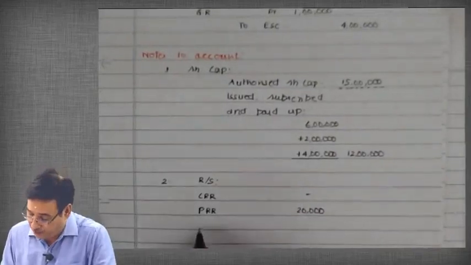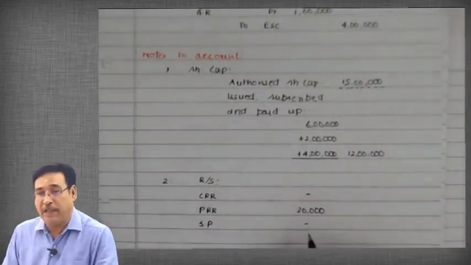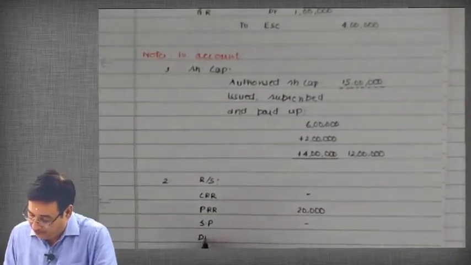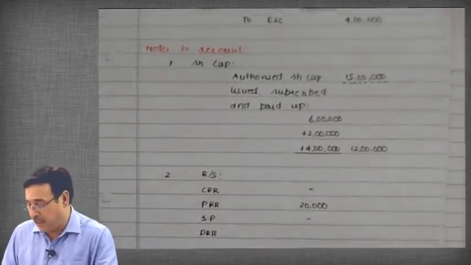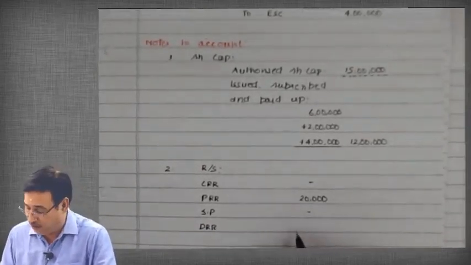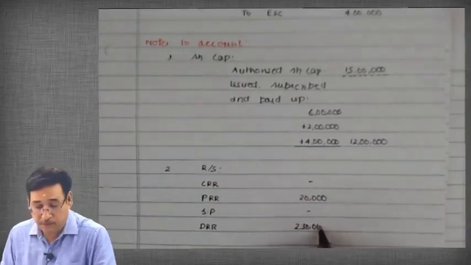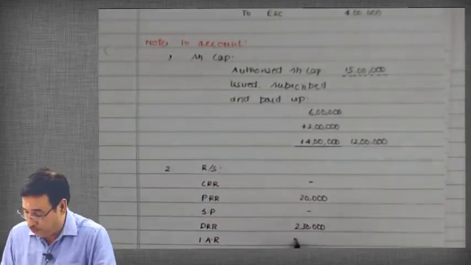Similarly, security premium, we have utilized the security premium entirely, so no balance is left in security premium. Development rebate reserve is also a reserve which is not realized in cash, and moreover it is a statutory reserve, so 2,30,000. Then investment allowance reserve, IAR, in the short form I have written 2,50,000.